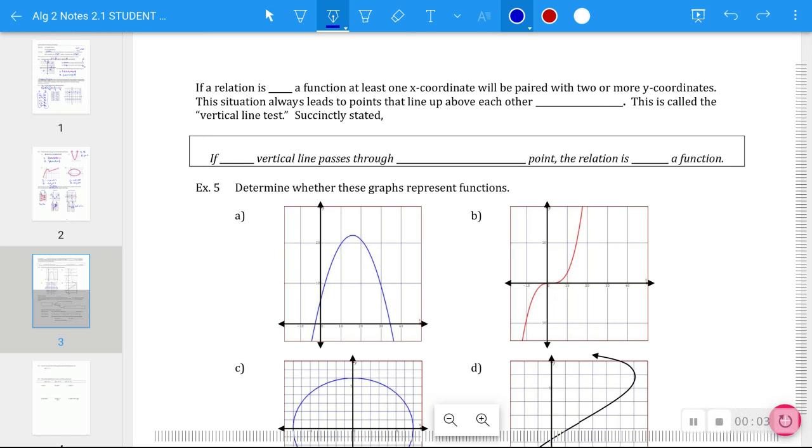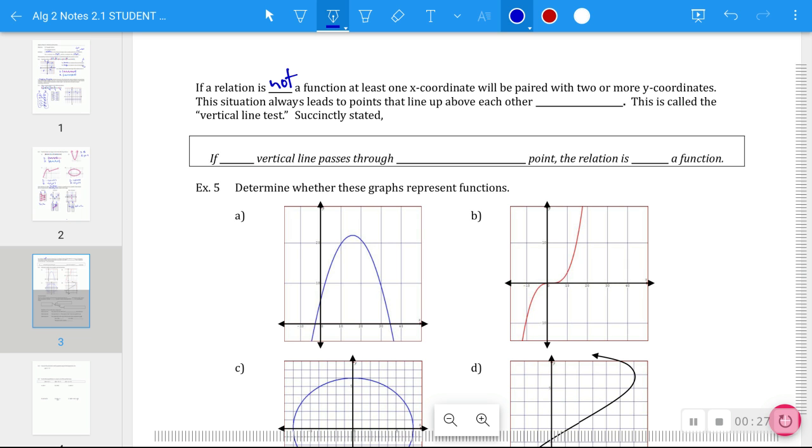We're looking at Algebra 2 Notes, Section 2.1, and we're on page 3 here. This is called the vertical line test that I'm teaching here. It says that if a relation is not a function, then at least one x-coordinate will be paired with 2 or more y-coordinates.